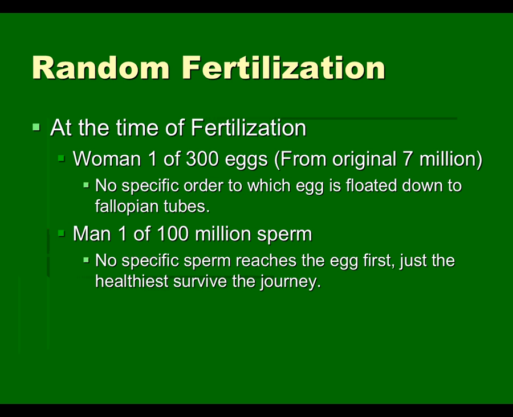So now the sperm and the egg are coming together, and the probability of having the same individual twice has been greatly reduced. Random fertilization basically boils down to the idea that of the woman's remaining eggs, only one is present to be fertilized, and of the 100 million sperm present, only one is needed, and only a few even make the journey from beginning to end.